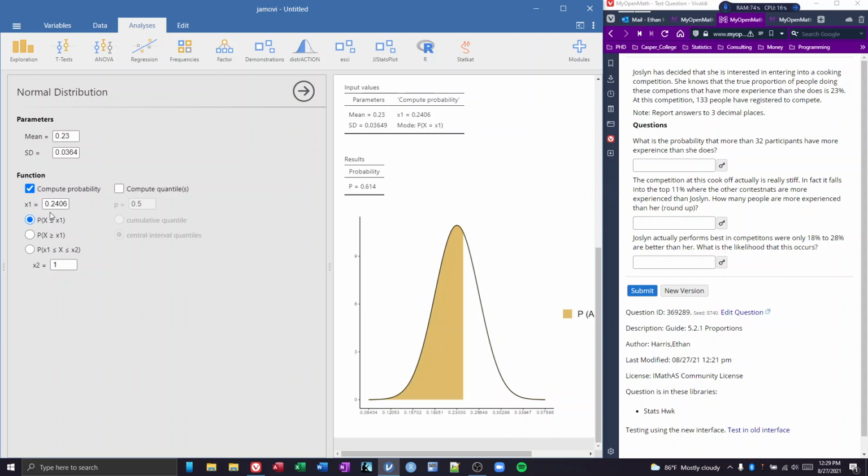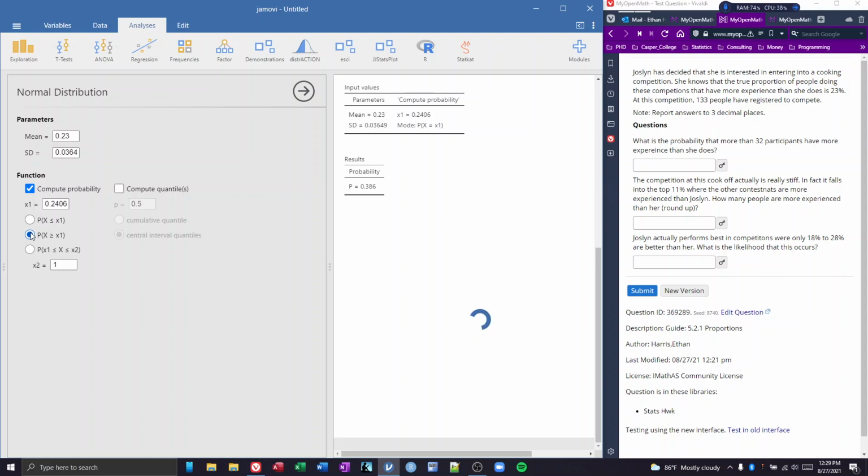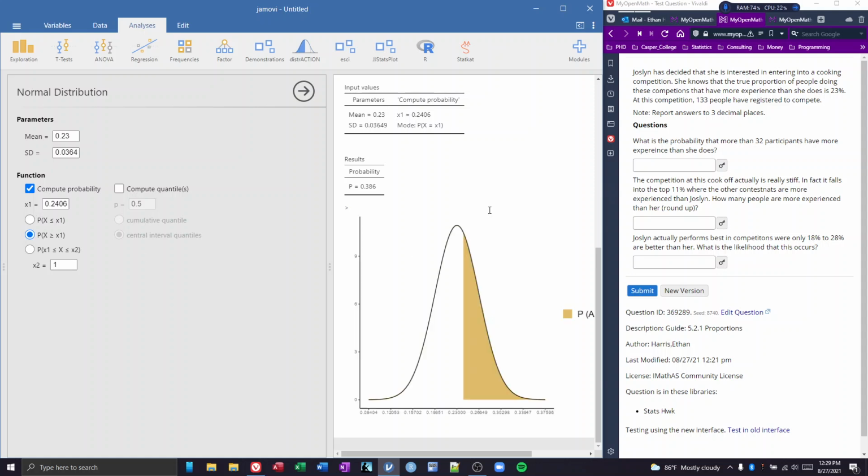We need to click on the right probability statement. We want it to be greater than. So the probability that more than 24.06% of the participants have more experience than she does is in fact 0.386.